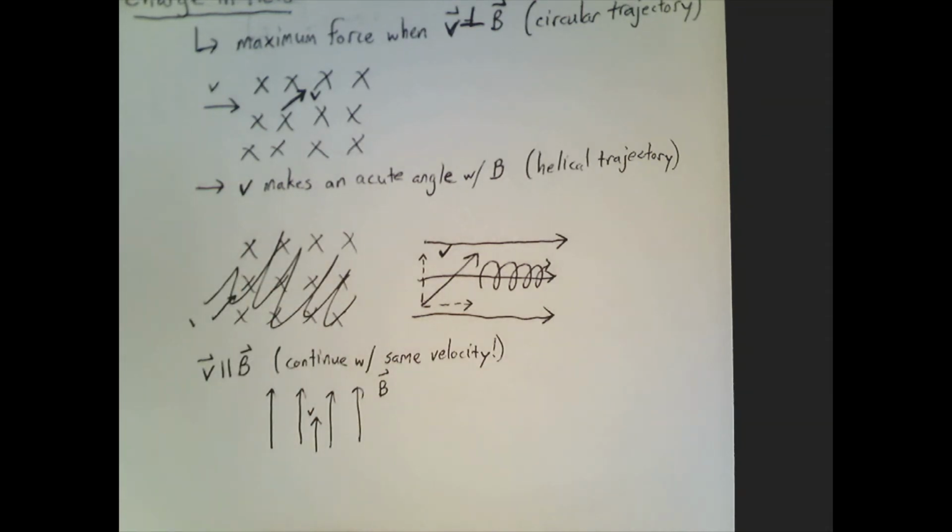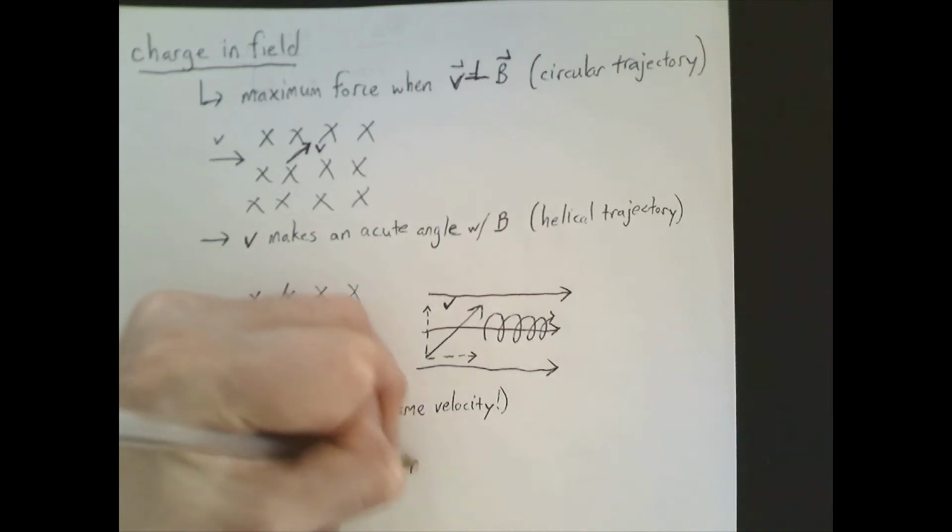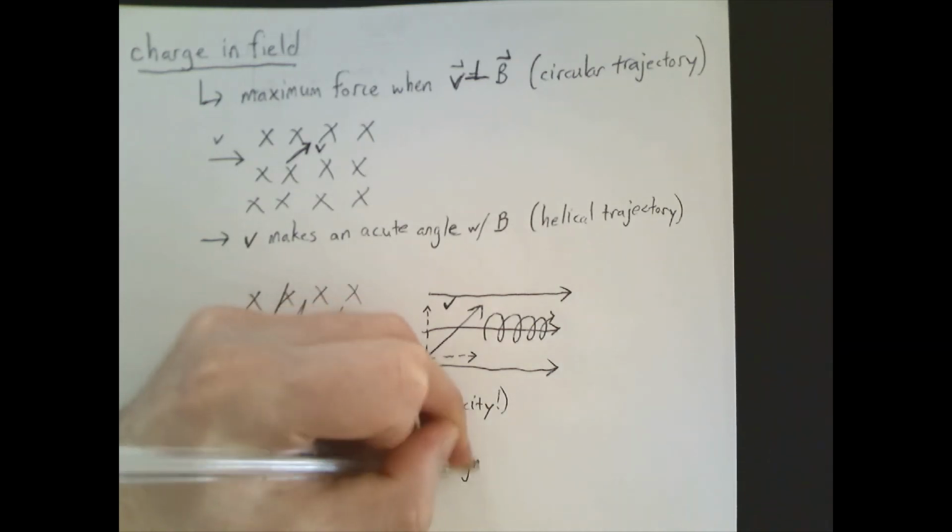Right-hand rule just kind of contorts our hand around with no meaning, and this velocity is going to continue straight on its course between these field lines as drawn here. So these are the three possible cases. We get the maximum amount of force when V and B are perpendicular. We get something in between and a nice helical trajectory when it's not between 0 and 90. And if we're at exactly 0 degrees between V and B, we'll continue with the same velocity and there will be no magnetic force.